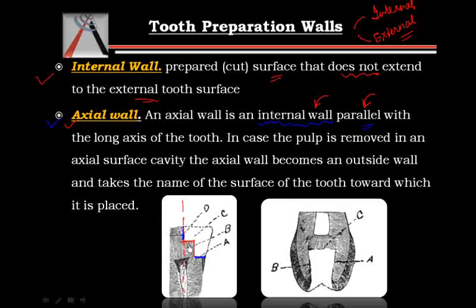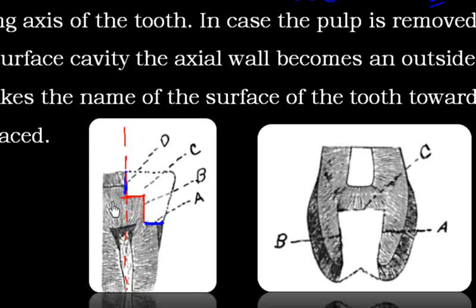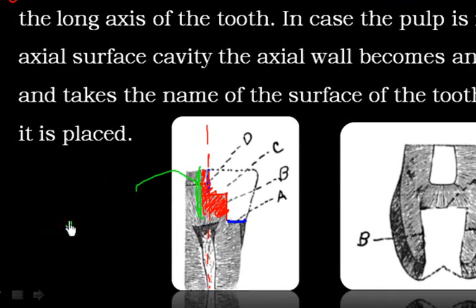Now there's one scenario wherein this axial wall can be converted to the external wall. In a case wherein we have a deep cavity and we tend to remove this axial wall, remove the pulp of this particular tooth, in such a scenario the axial wall will be shifted here and then it will become an external wall, which is now continuous with the external tooth surface, and it will take the name of the surface of the tooth towards which it is placed.